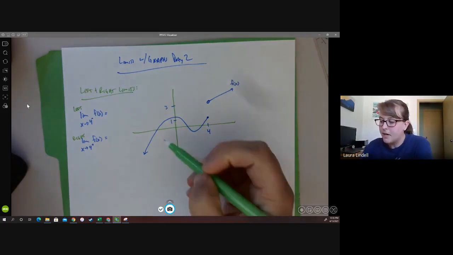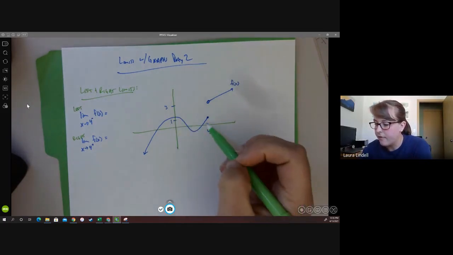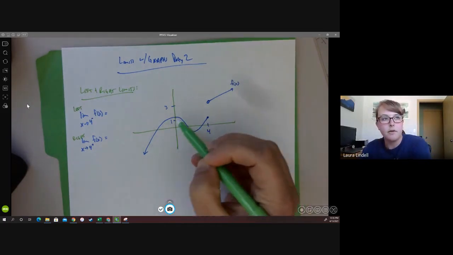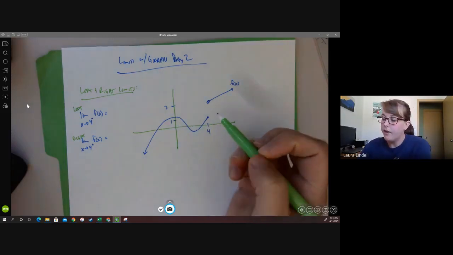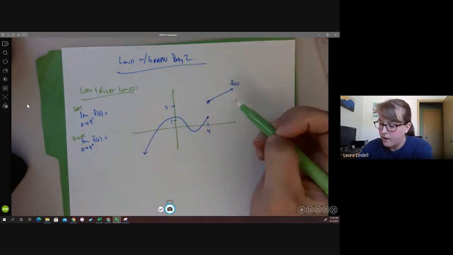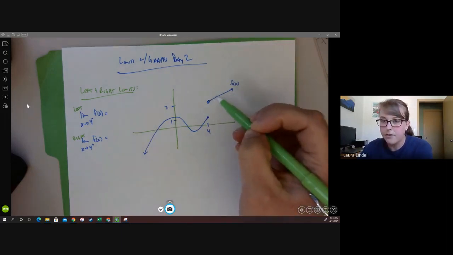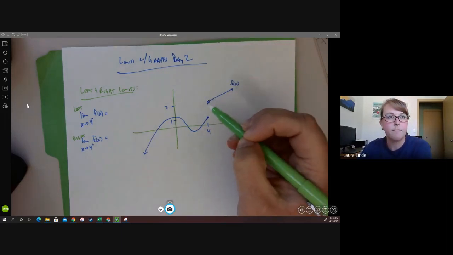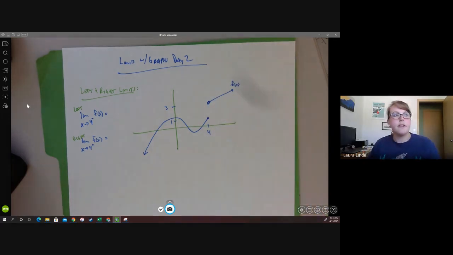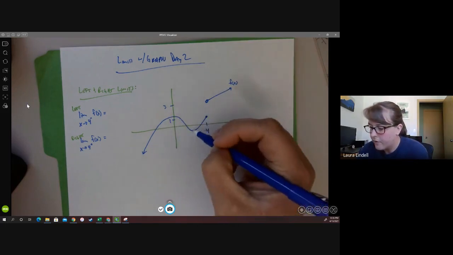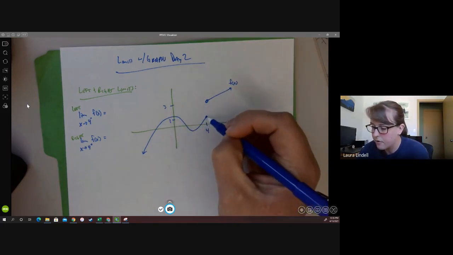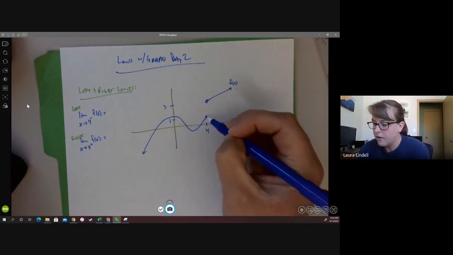And so it's the limit coming from the left-hand side of the function that we are looking for. So it's the limit as we approach from the negative direction. And then this would be the limit, the right limit, the limit as we approach from the right-hand side or from the positive direction. So when we look at this function, the limit from the left-hand side, well, if I'm coming along from the left and I approach the x value of 4, my left-hand limit here is 1.